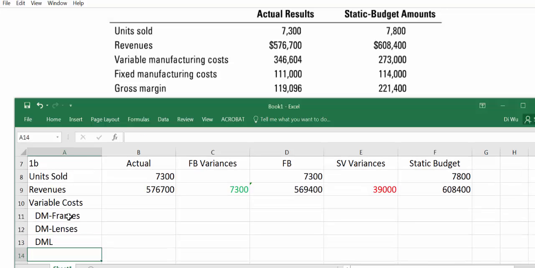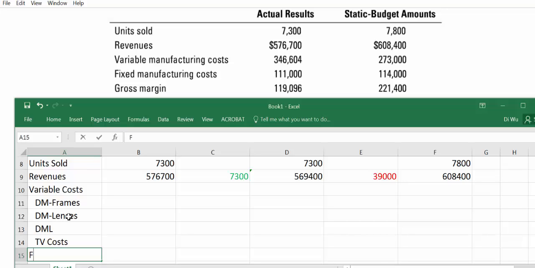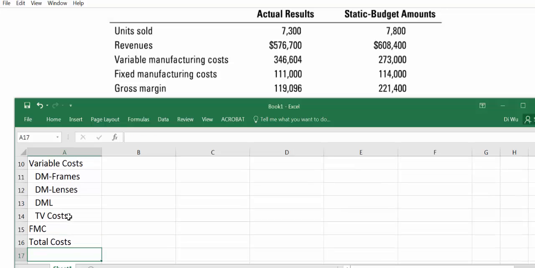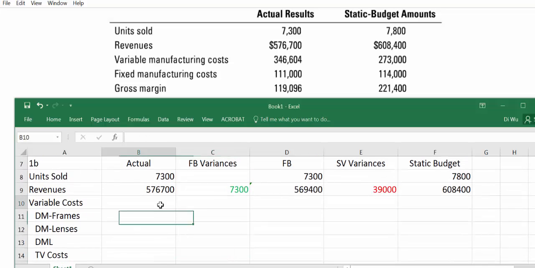And I will have the total variable cost. Then I will have a fixed manufacturing cost, then a total cost, and finally a gross margin. So it's going to be a lot of long calculations.